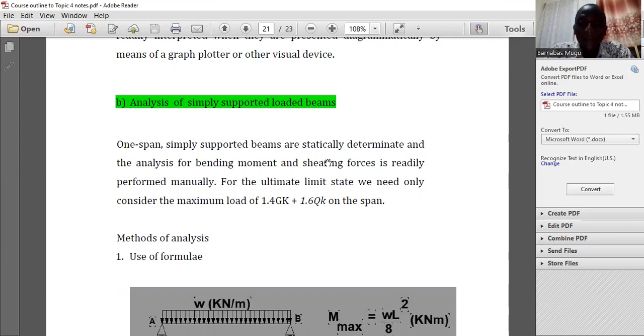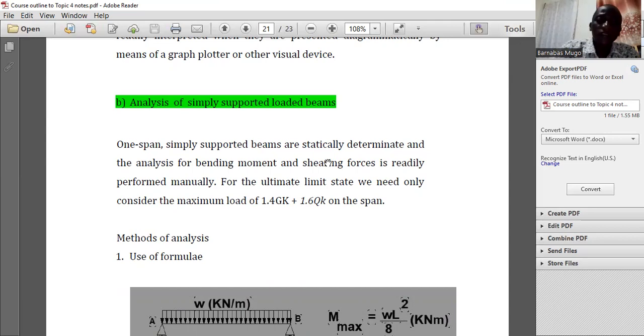The analysis of the bending moment and the shearing force is readily performed manually. For the ultimate limit state, we need only consider the maximum loading, that is 1.4 Gk plus 1.6 Qk on the span.